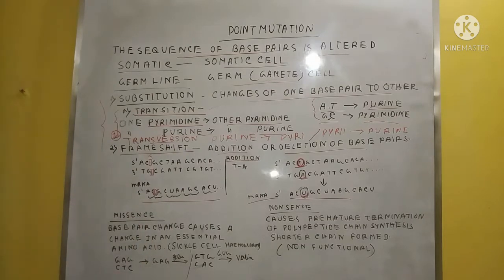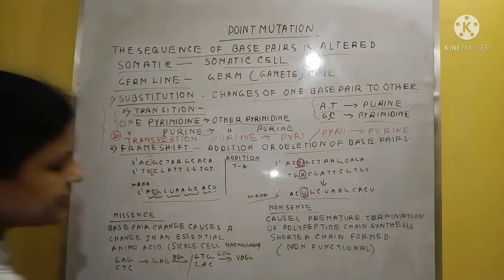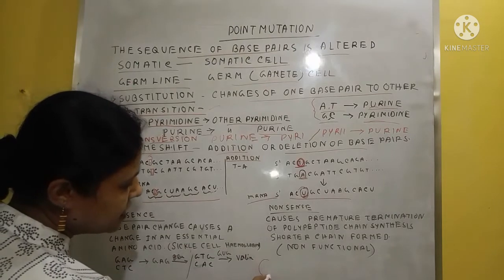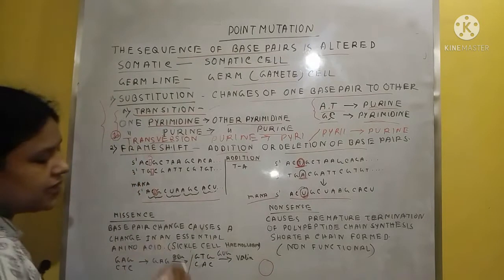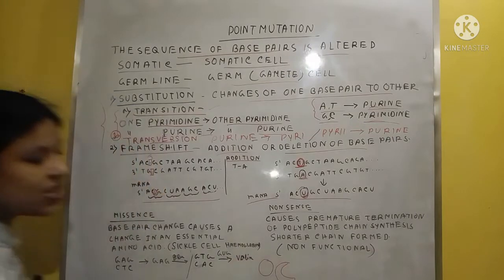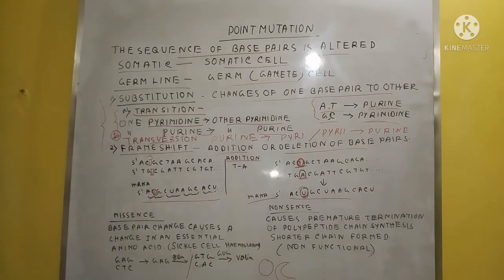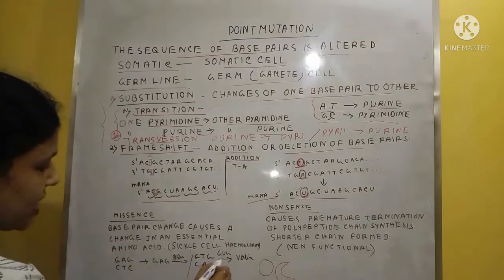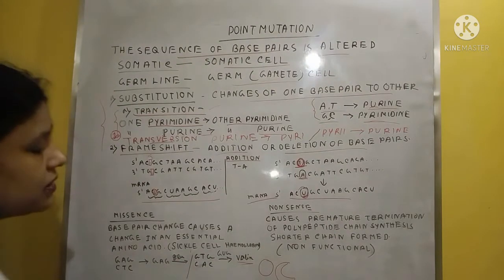A missense mutation example disorder is sickle cell. Generally the red blood cell is circular, but in sickle cell, it is sickle shaped. Just changing one essential amino acid, it is created.